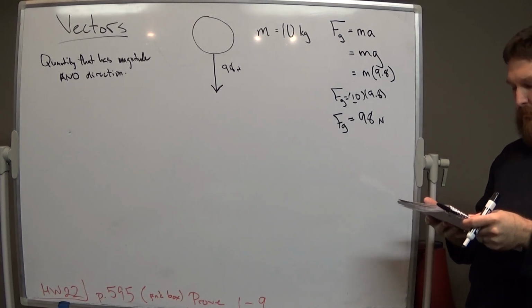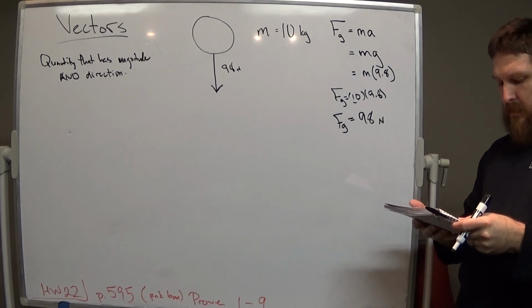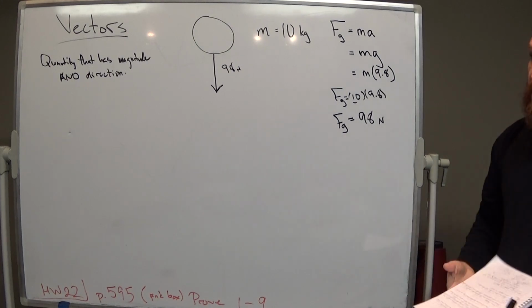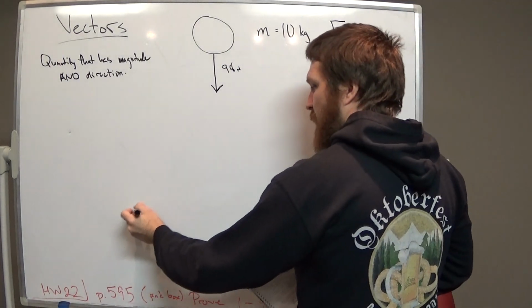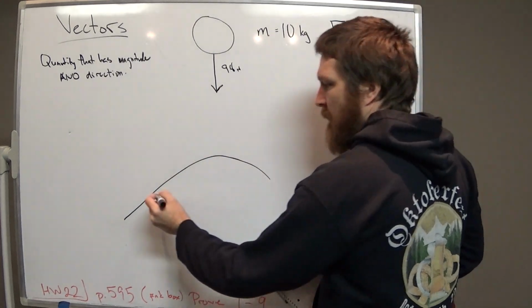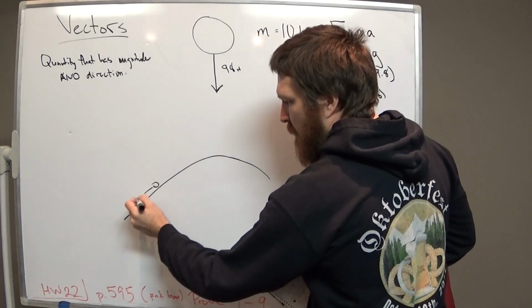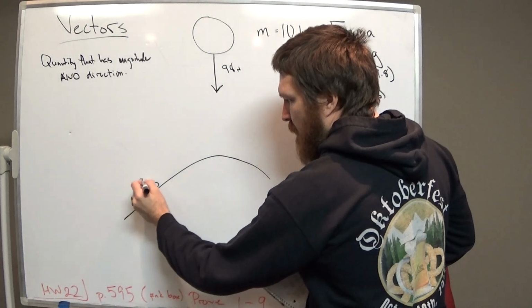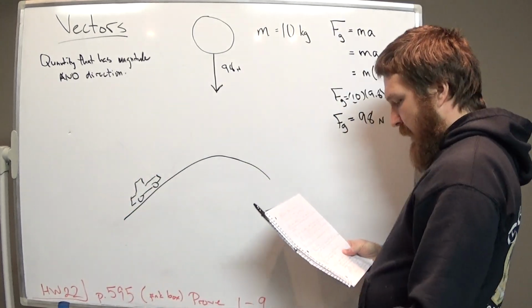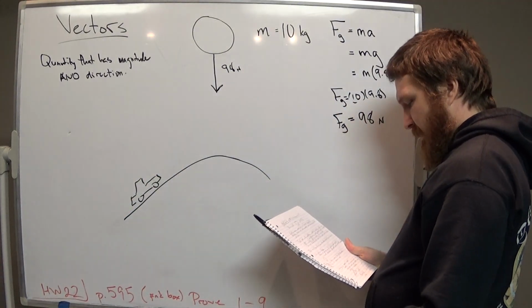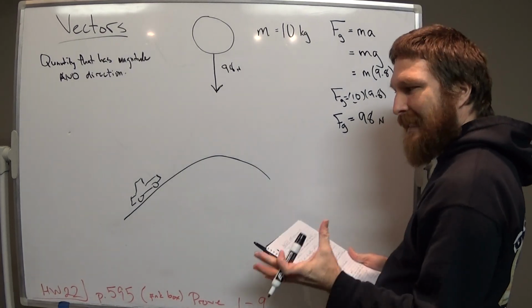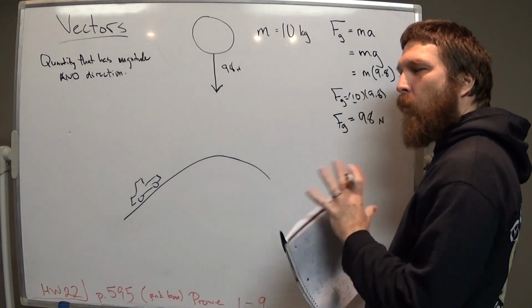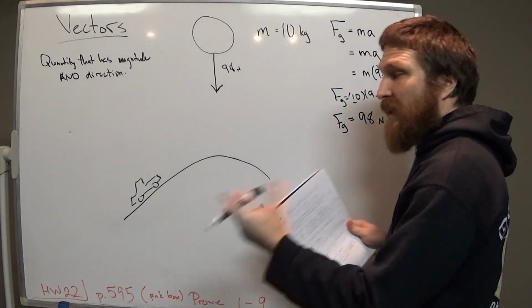Other things have magnitude and direction. So like velocity, right? If you're driving in your car up a hill, say, right? That's a terrible car. So you have the speed, which doesn't care about what direction you're going in.